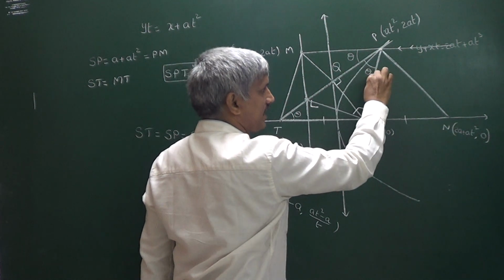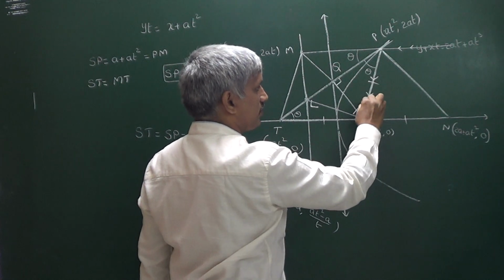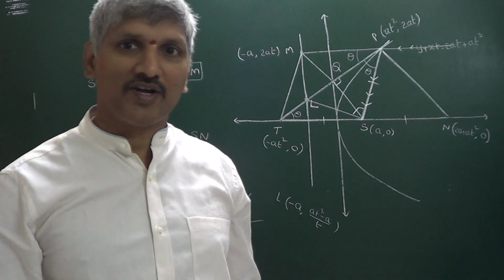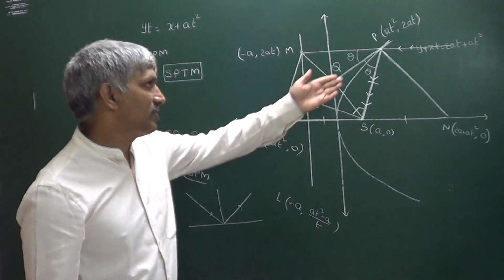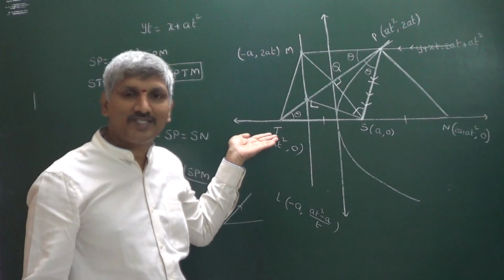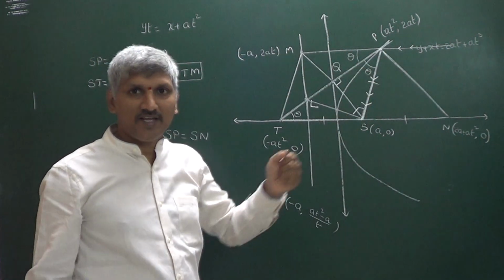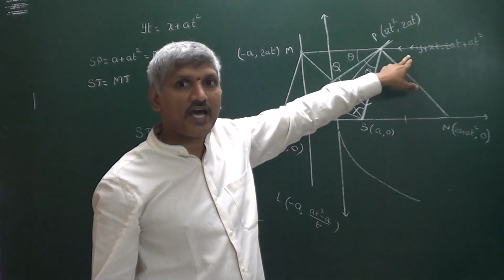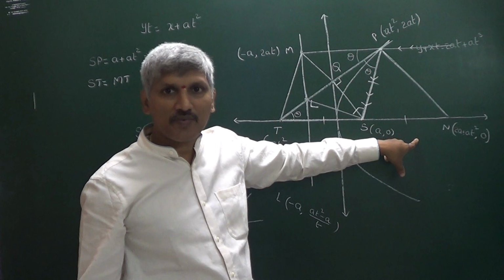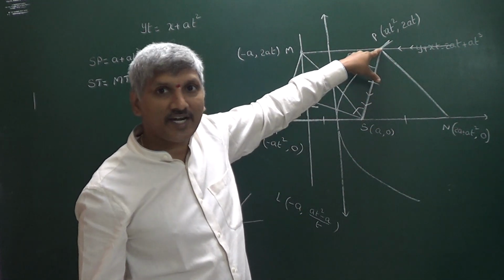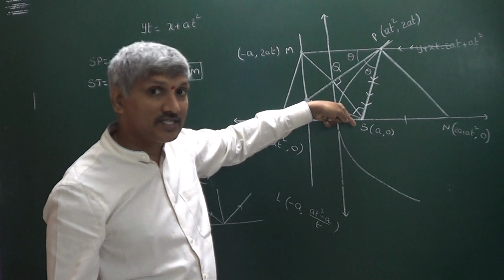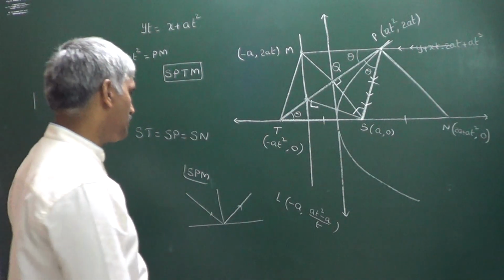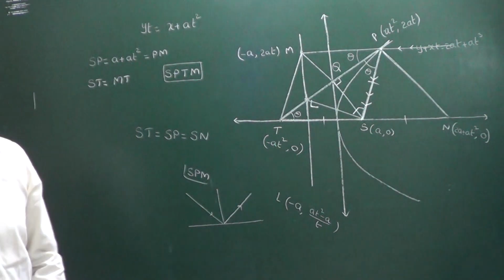That reflected ray must pass through the focus of the parabola. That is the reflection property of the parabola. That is the reason we got tangent is an internal angle bisector, normal is the external angle bisector. Once again, a ray of light traveling along a line parallel to the axis of the parabola gets reflected and the reflected ray must pass through the focus of the parabola. So that is the reflection property of the parabola.